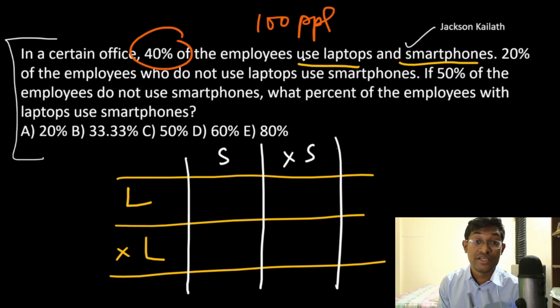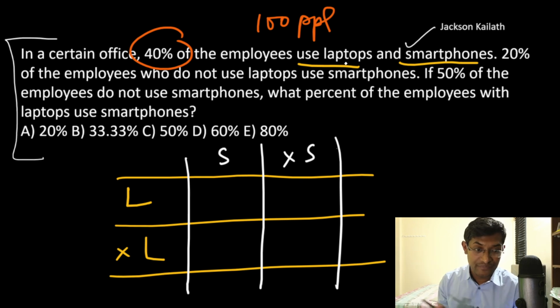So the percentage wouldn't change even if the number of employees are 100 or 1000 or 10,000. So just to make the calculation easier, let's assume there are 100 people in this office. Okay, so 40% of 100 is 40. So 40 employees use laptops and smartphones.